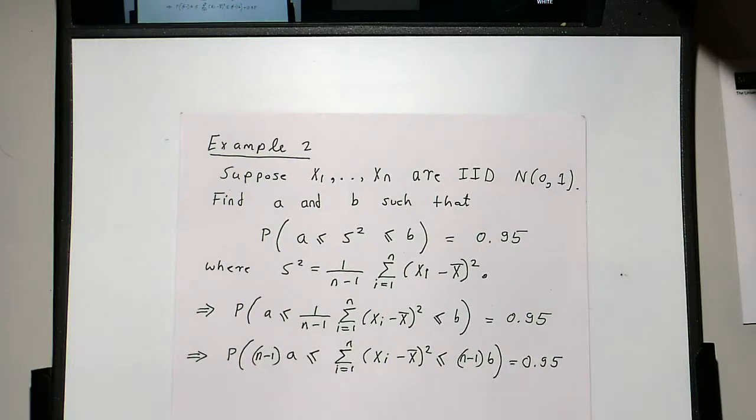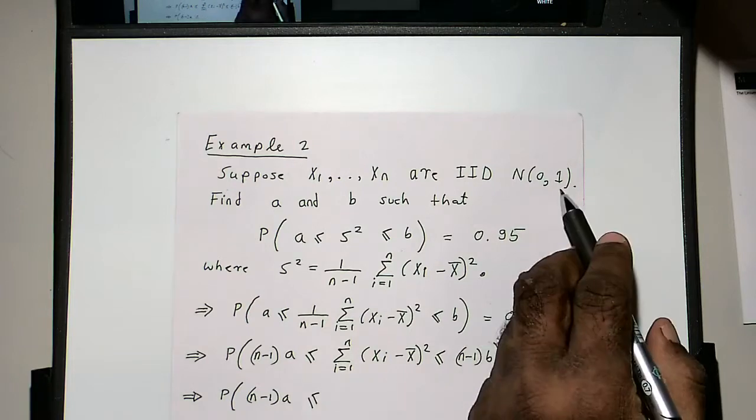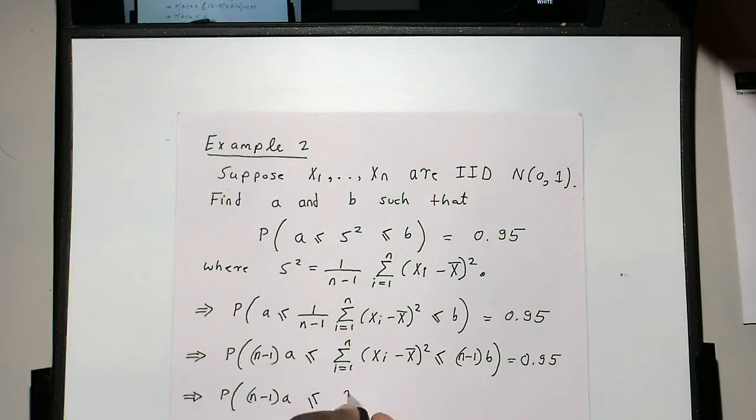All right. Now using the result on the side screen, we can say that this guy here has the following distribution. It has sigma squared, which is 1, times chi squared.